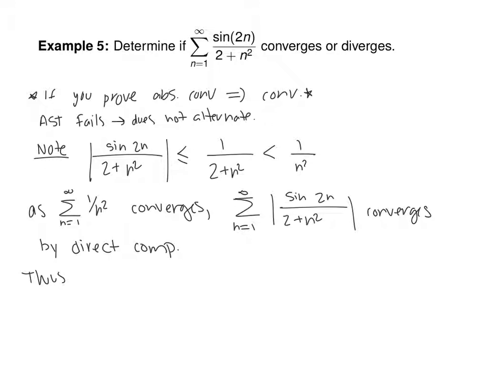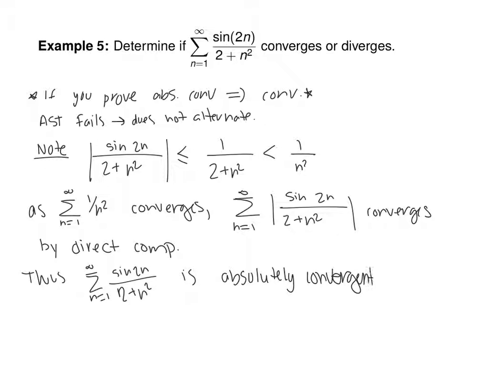And this is the definition of what it means to be absolutely convergent. So thus our series from n equals 1 to infinity of sine of 2n over 2 plus n squared is absolutely convergent and therefore convergent.